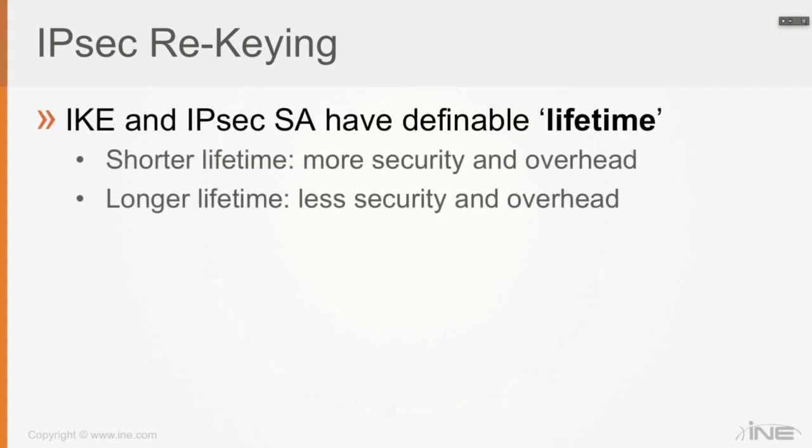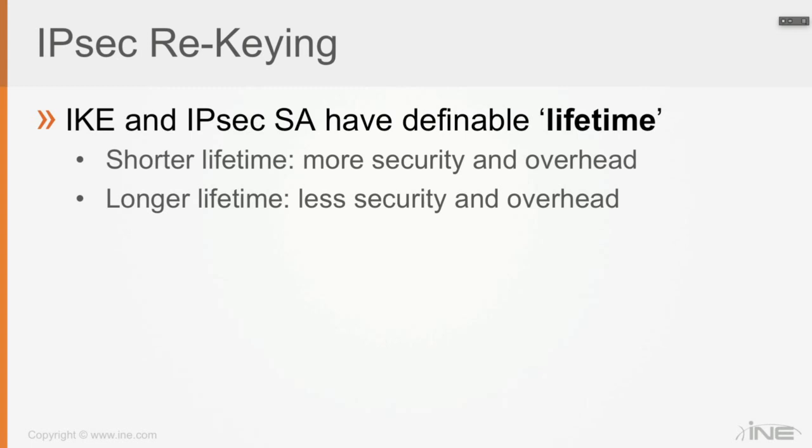Now, because both the IKE SA and the IPsec SAs have a lifetime, those keys have a lifetime, it means that we have to do periodic rekeying. The lifetime is configurable and is negotiated. A shorter lifetime means more security but more overhead, because they have to constantly negotiate new keys. A longer lifetime means less security and also less overhead.